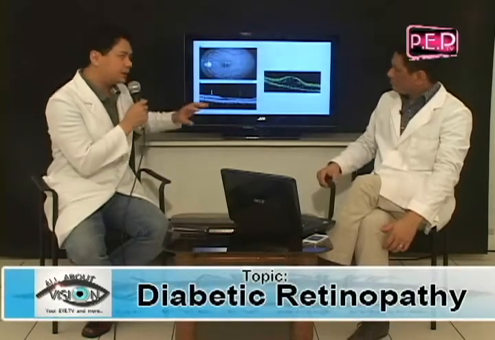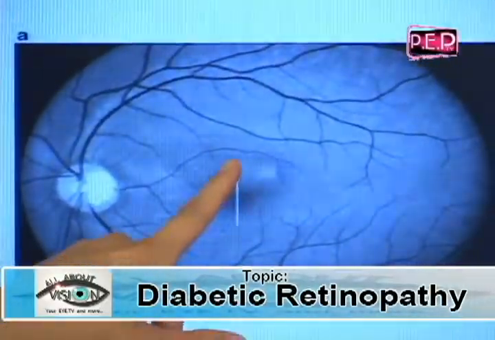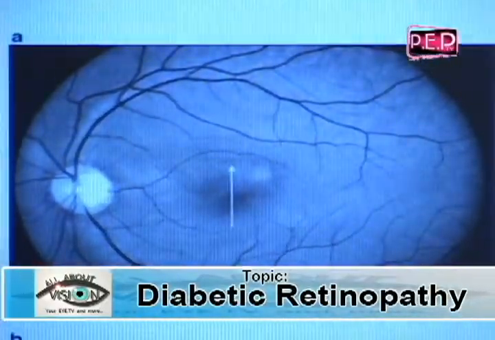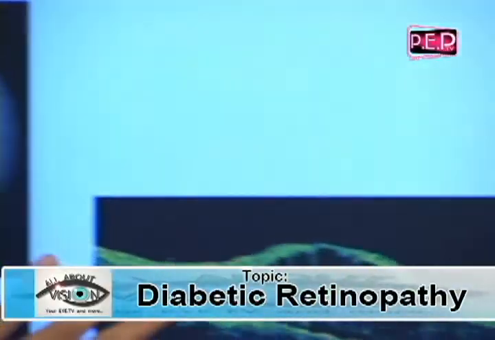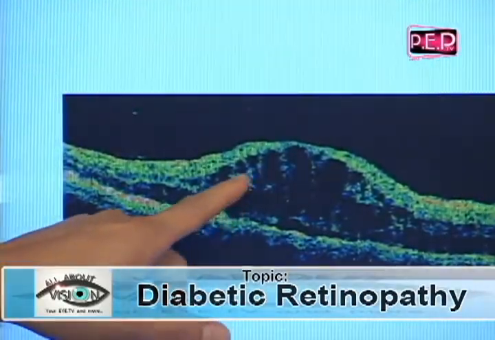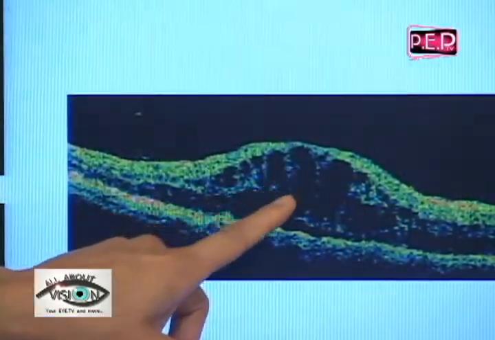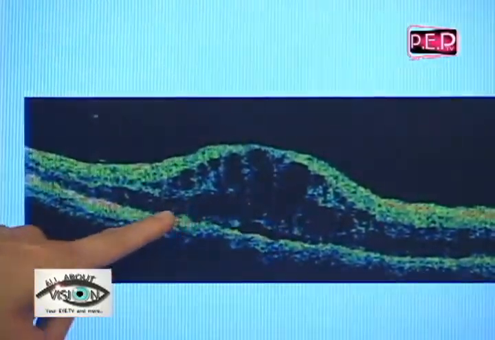So the OCT usually takes a picture of the central part of the eye, which is the macula, as you can see here. The white arrow here is the area of the scanned tissue, and this is the representation of that scan. You can see there are black spaces here underneath the retina.